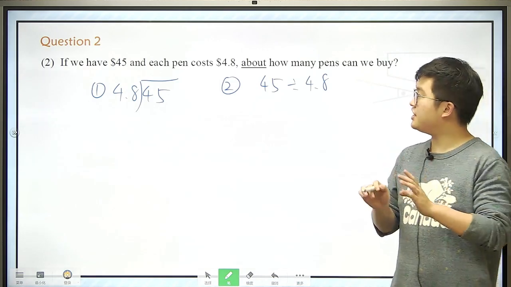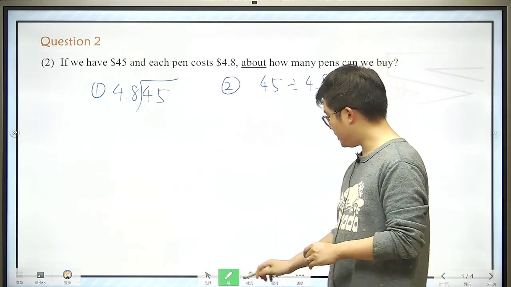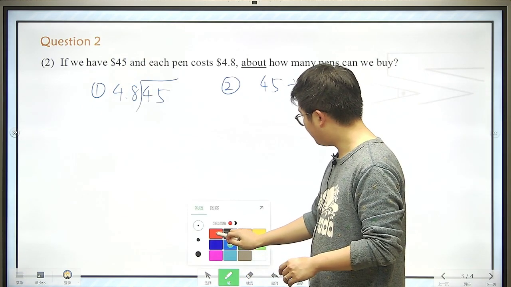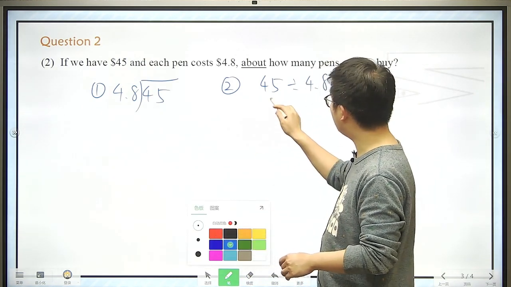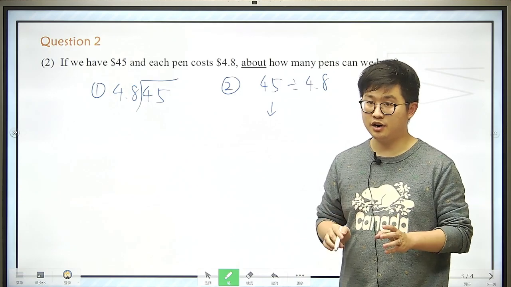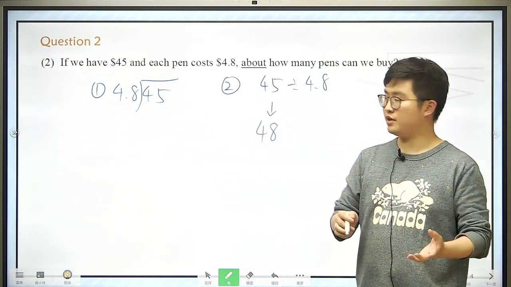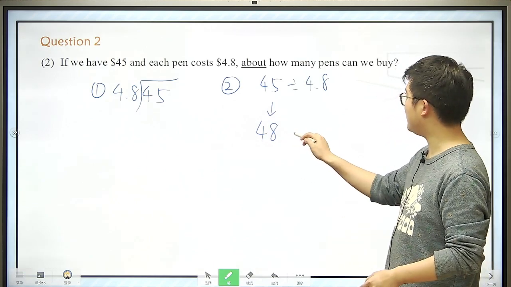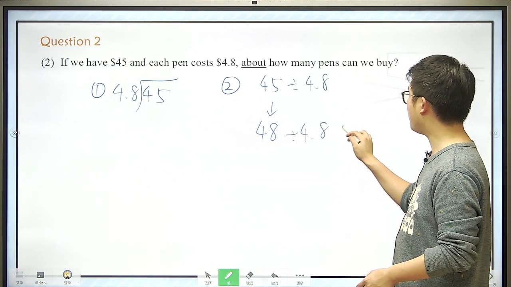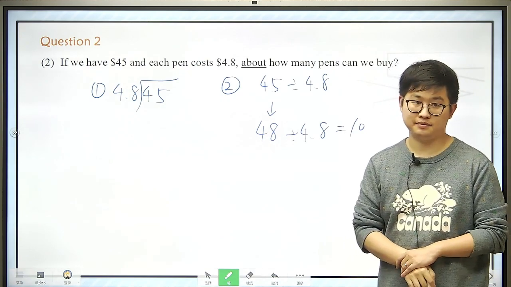And we can see here, obviously, that 45 is close to the number 48. Why do we mention this? Because 48 divided by 4.8 is 10.